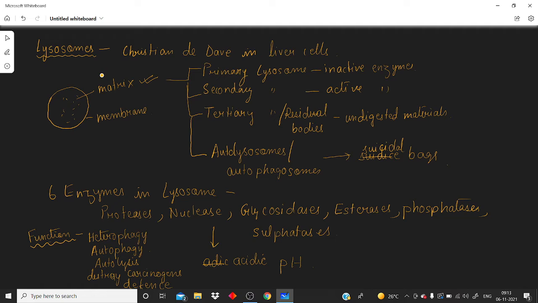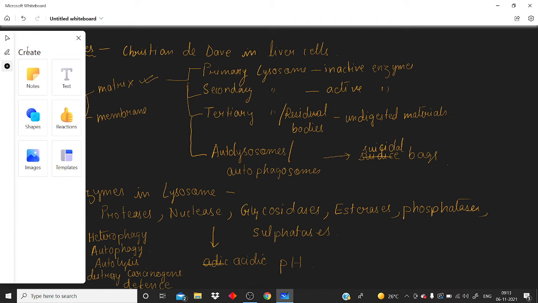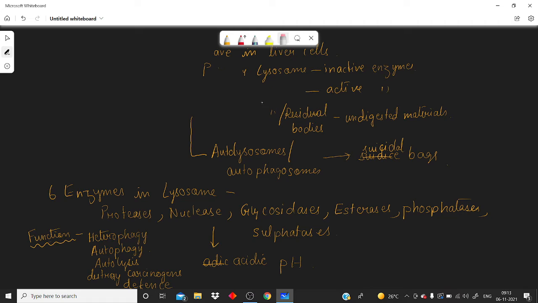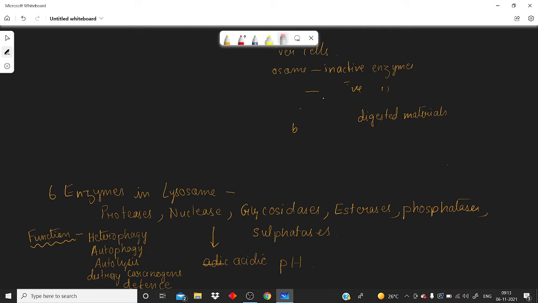So now that we have understood about the lysosomes, our next topic, let us discuss vacuoles. So for that I need to rub the board. Children, we will be talking about vacuoles now. Vacuoles also originate from the Golgi bodies.